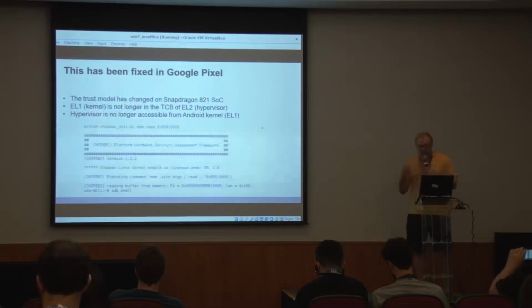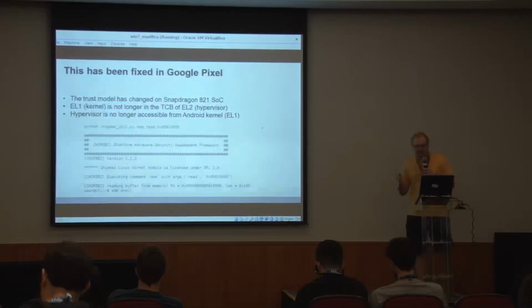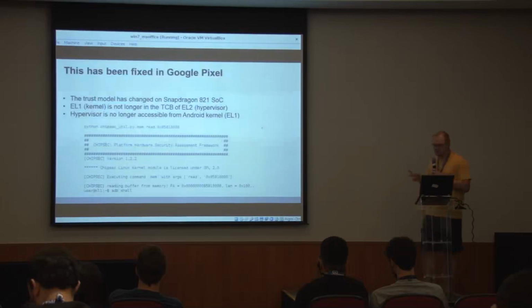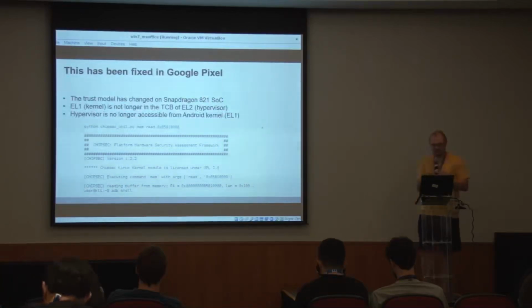Then we reported this bug, and as a result, we got the response that this behavior does not exist anymore in the next generation. If you take the next Snapdragon 821, which is basically the Google Pixel, that behavior is not there. This means that in the Google Pixel, they made a good separation between the kernel and the hypervisor, and this vector is not applicable anymore.